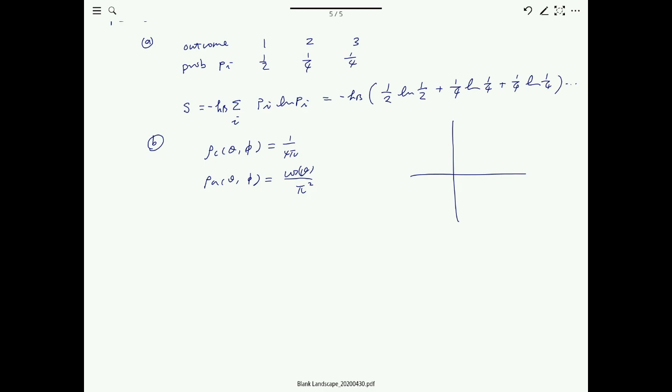Let me see, what do I want? Cosine square, I want to have theta of sphere. Why is that?